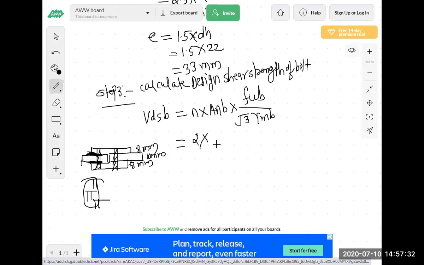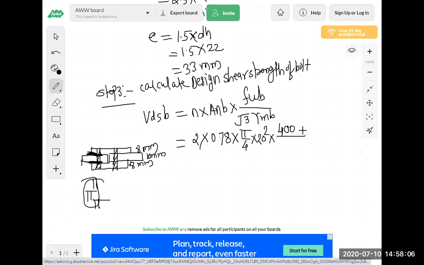So 2 ANB, and ANB is 0.78 into pi by 4 into d square, 20 square, into FUB. How much is FUB? 400, because a 4.6 grade bolt is given.